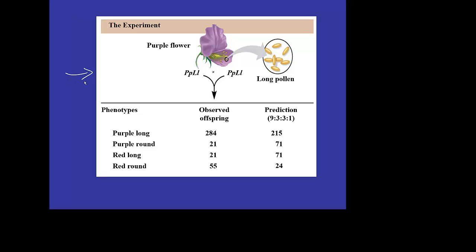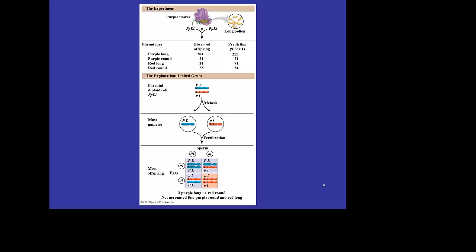I'm interested in the genotype. I want to know what's going on that we have this predicted 9-3-3-1 ratio, roughly, of offspring every time we cross two heterozygotes. So looking at the genes, what we actually can think about is where this is placed on the chromosomes and what this actually means for our offspring.